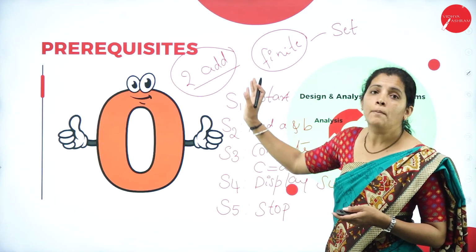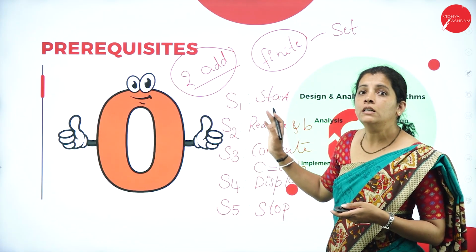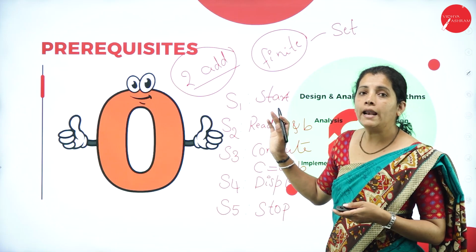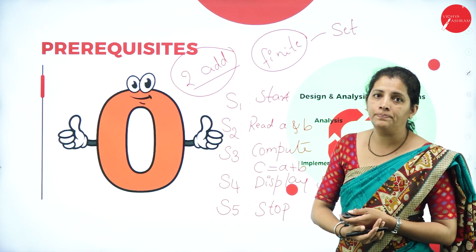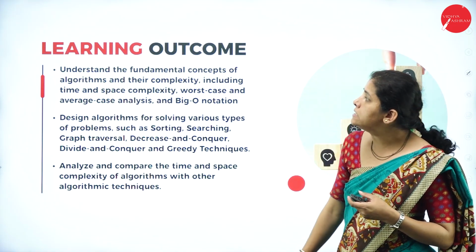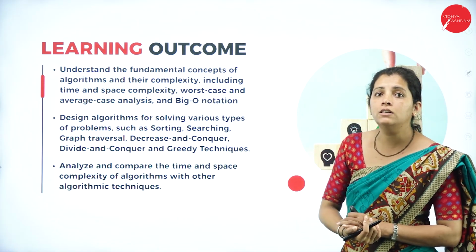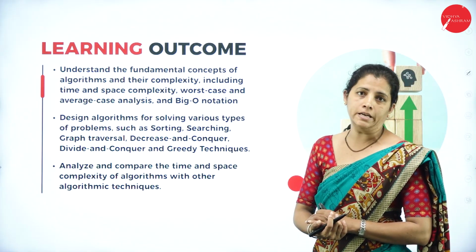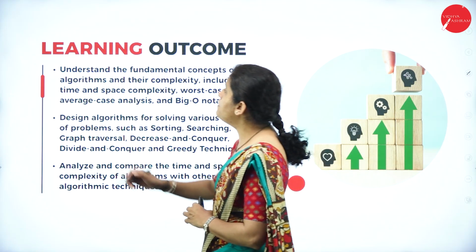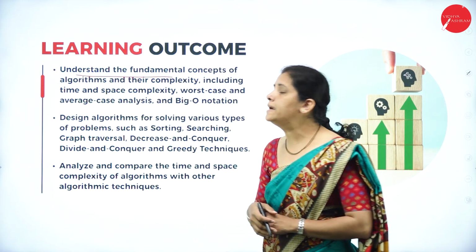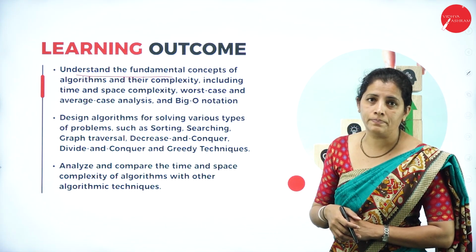So this is the basic about design and analysis of algorithm. Now, let's see the learning outcomes of the subject. We will be able to understand the fundamental concepts of algorithm.